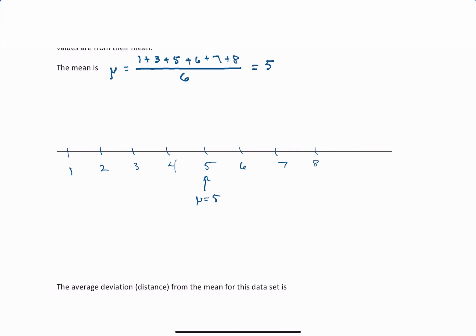Then I'm going to make a dot for every data value I have. We're interested in how far the data values are from the mean 5.